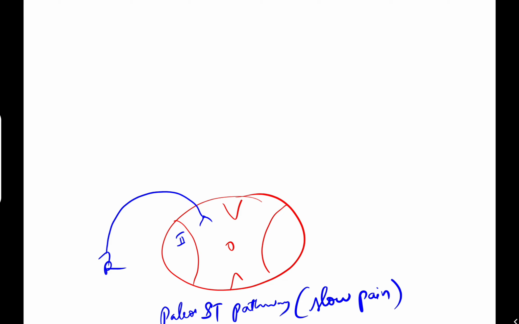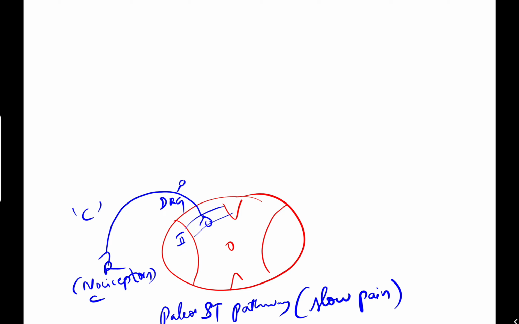The receptor for slow pain is the nociceptor, your C nociceptors, and the fiber name is C fiber. The cell body is located in the dorsal root ganglia, and this first order neuron ends in lamina 2 of the spinal cord, which is also called the substantia gelatinosa of Rolando.